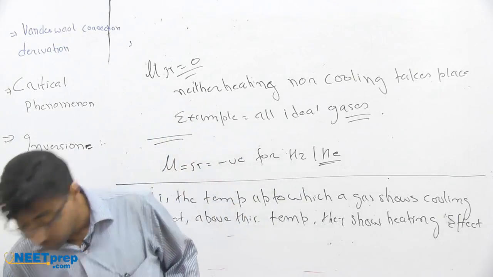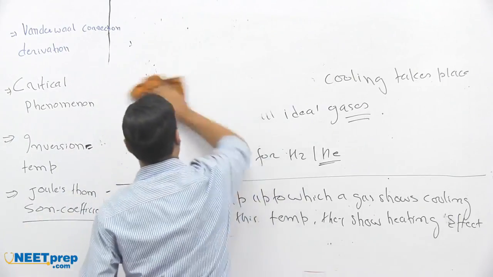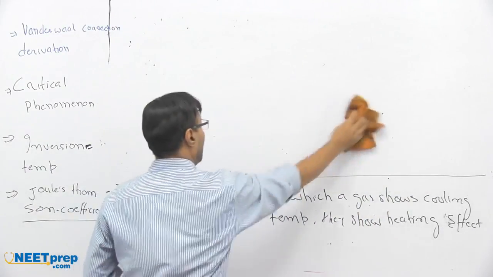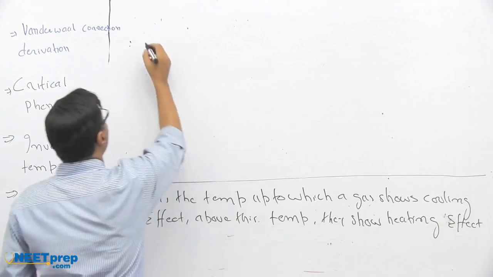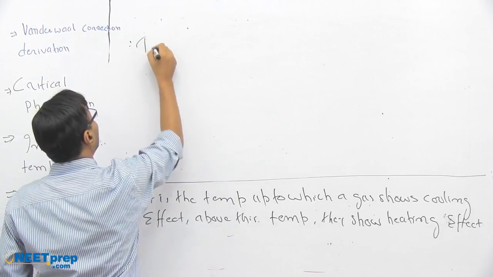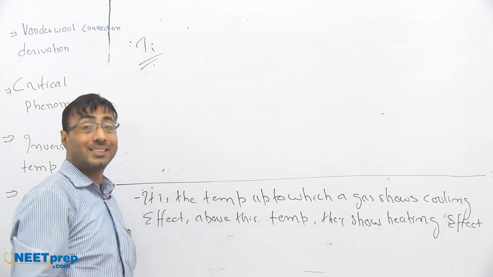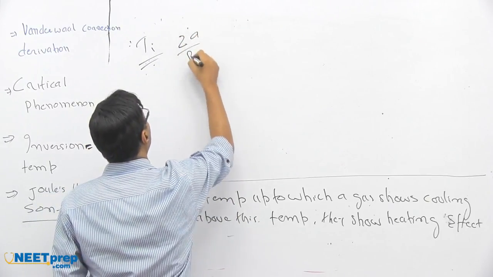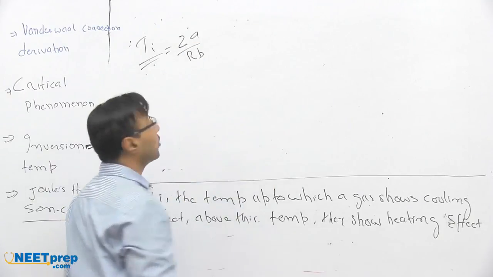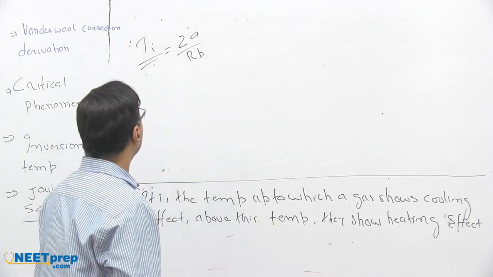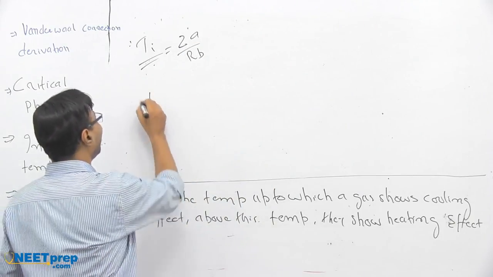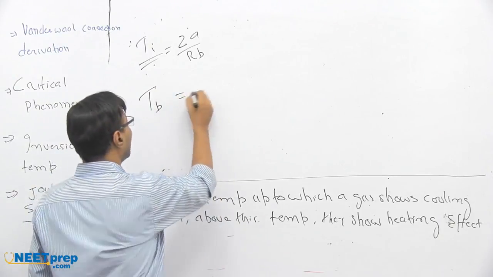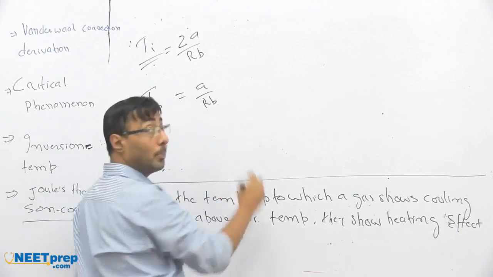It is written as TI. TI is equal to 2a by Rb. And here only one more temperature is there, TB, Boyle's temperature, which is a by Rb.